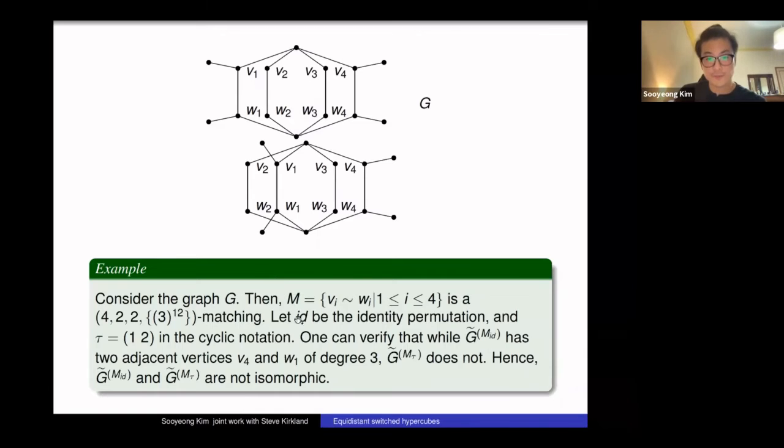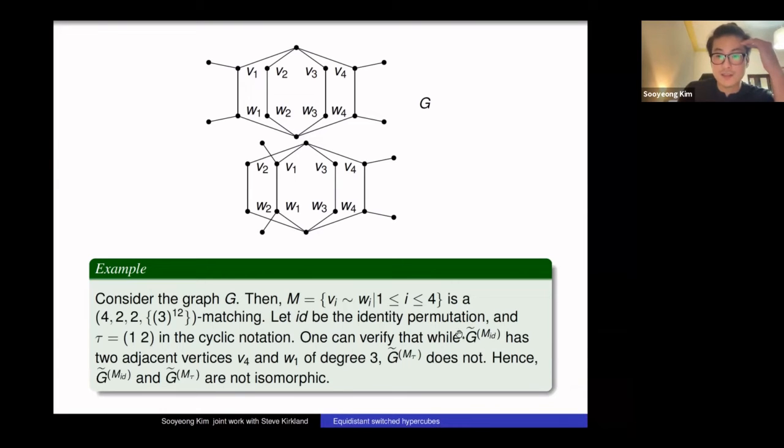Here, we are going to pick the identity permutation, and we also consider another permutation, tau equals (1 2), in cyclic notation.